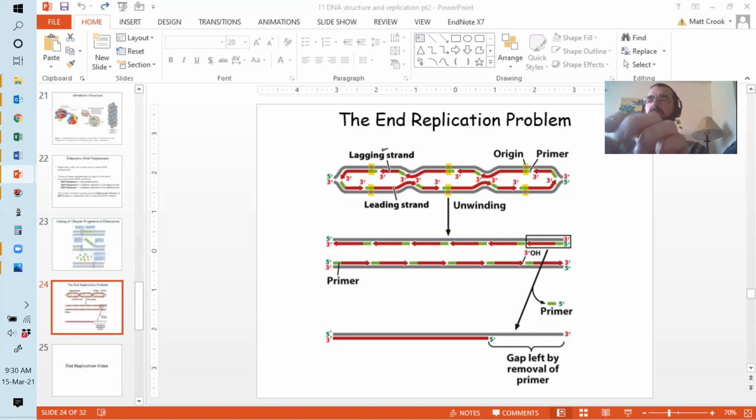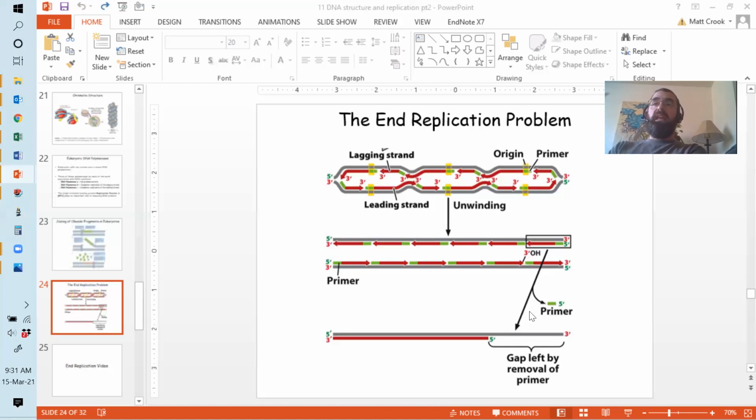I'm not going to go into the mechanism of how that works because it's kind of funky, but it uses those repeat sequences to essentially extend the chromosome a little bit, uses an RNA, and then uses that RNA, which loops back to fill in the gap that was left by the removal of that primer.